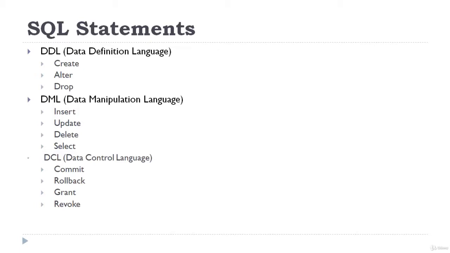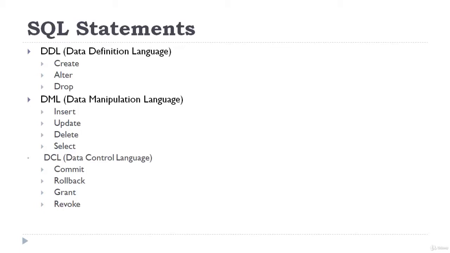Create is used to create the schema or tables, alter is used to change the structure of tables, and drop is used to drop the structure of a table. Data manipulation is performed by data manipulation statements, and these are insert, update, delete and select. Insert is used to insert data into the database. The update statement is used to make modifications in the database. Delete is used to delete rows or data from the table, while the select statement is used to retrieve data from the database.